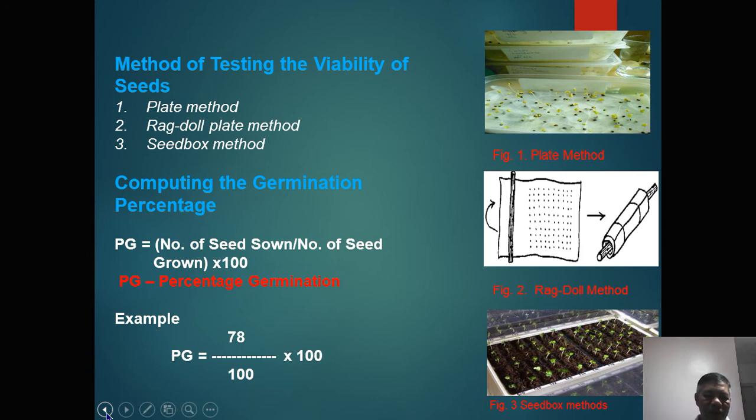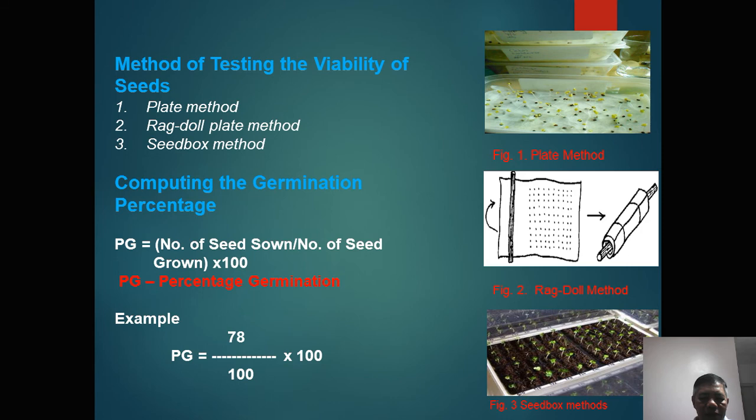And of course, just the same, you have to place the seed box in a safe place, because there are snails and ants which will possibly destroy your seedlings, or they might eat your seeds in the seed box.